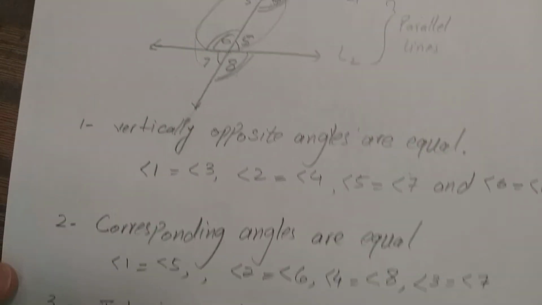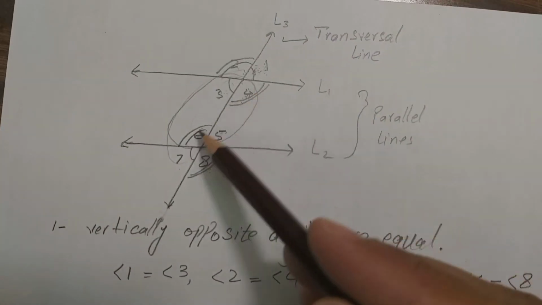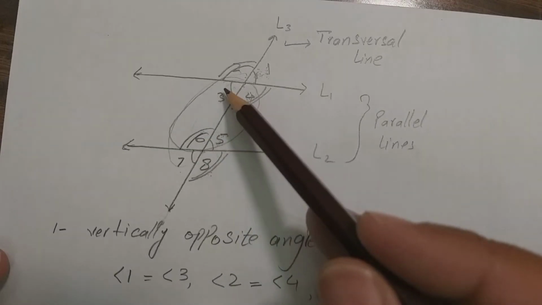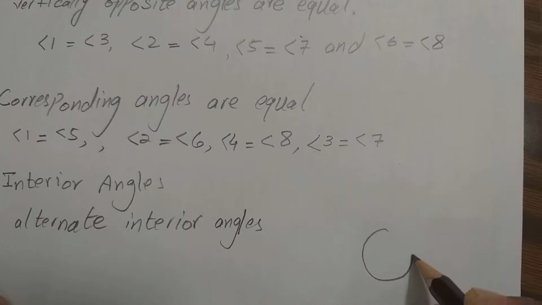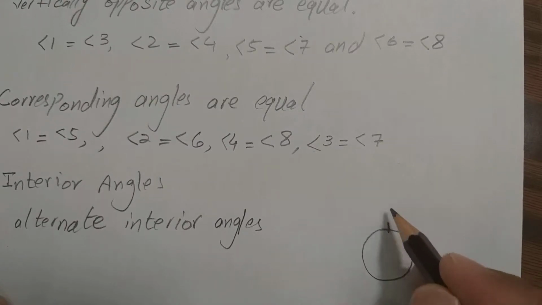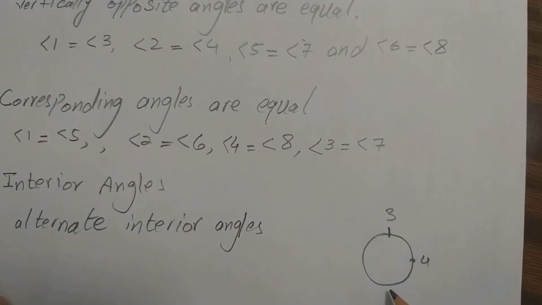Angles. These are alternate interior angles, because they are inside, so interior, but alternate. For example, if I say angles 3, 4, 5 and 6.